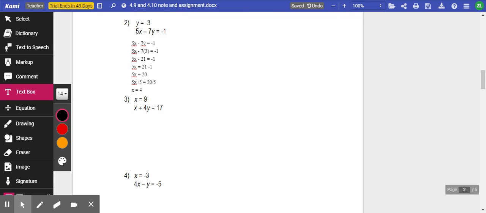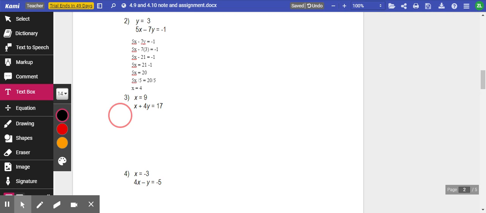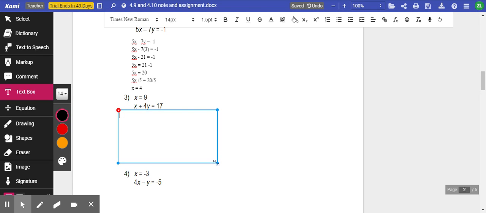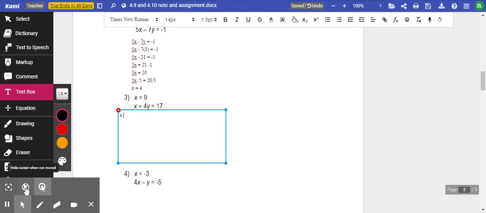In our next example, we have x is equal to a number, and we've got to sub that in. So the same thing as we just did before, x plus 4y equals 17. We're going to sub in 9 for the x position. So 9 plus 4y equals 17. We want our numbers on one side, letters on the other.